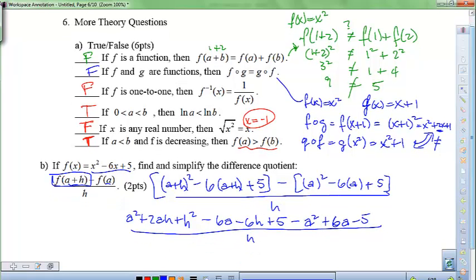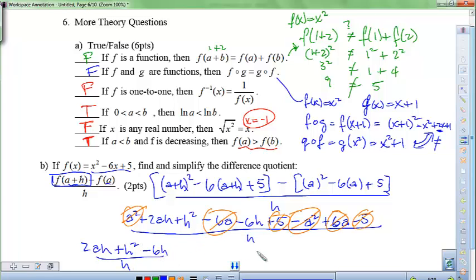Now I'm going to take a quick look at this and notice that there's an a squared and an a squared. One's positive, one's negative, so that's gone. There's a 6a here that's negative, a 6a here that's positive. They're both gone. And then a positive 5 and a negative 5, so that's all gone. So what we have left here is 2ah plus h squared minus 6h divided by h.